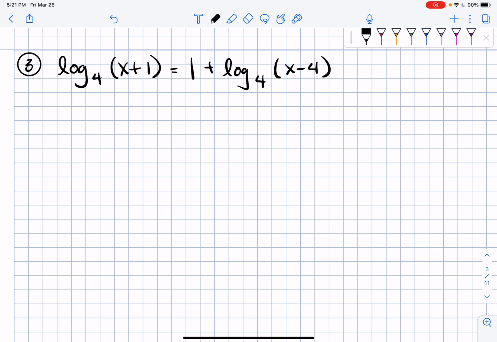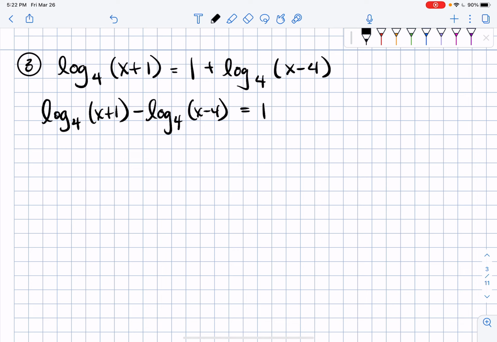So I have log base 4 of x plus 1, and I'm going to subtract that log base 4 of x minus 4 over to the left side, and that's going to equal 1. I have a subtraction on the left-hand side. In terms of condensing, it becomes log base 4 of x plus 1 over x minus 4 is equal to 1.